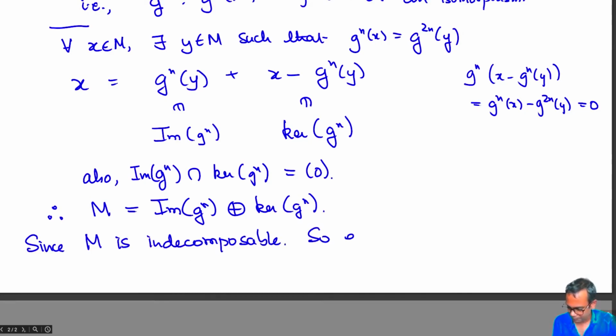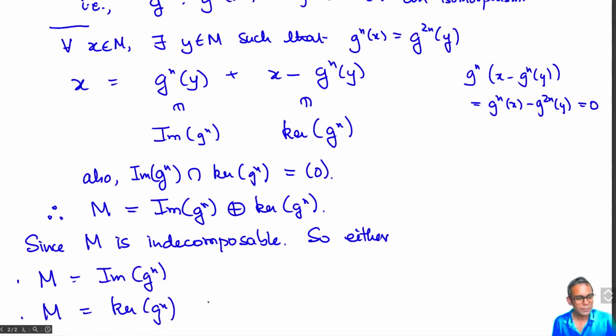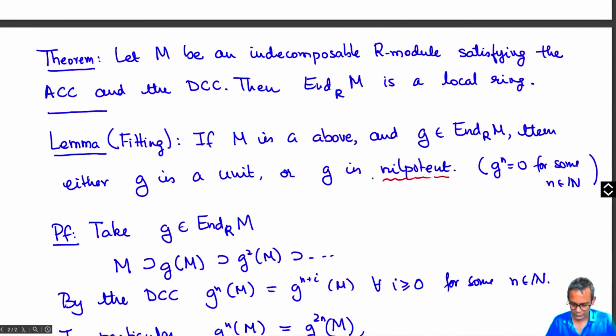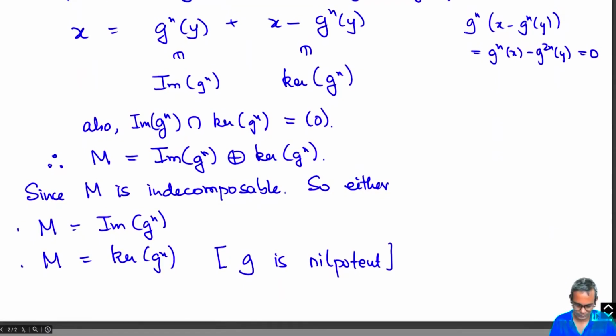So either M is the image of g^n, or M is the kernel of g^n. Now M is the kernel of g^n means that g is nilpotent. And that was one of the options in Fitting's lemma, in Fitting's dichotomy, so to speak.